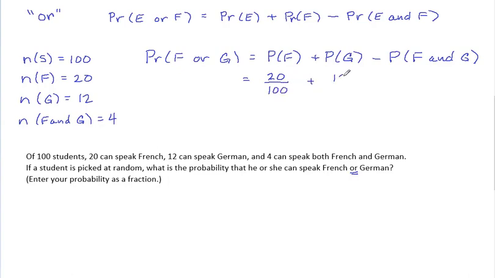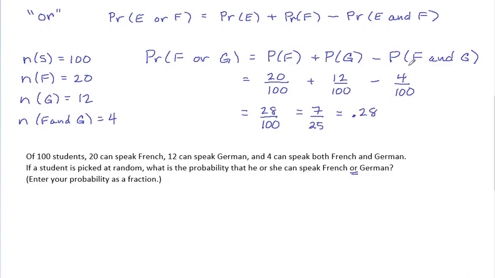Probability for German is 12 out of 100. Take away the probability that they speak both is 4. So 20 plus 12, 32 minus 4, that's 28 out of 100. You could enter it as a reduced fraction, or you could enter it as a decimal.